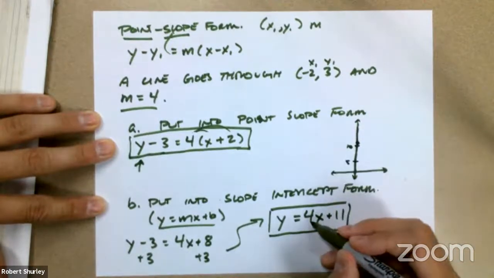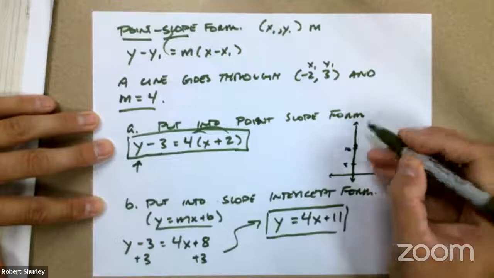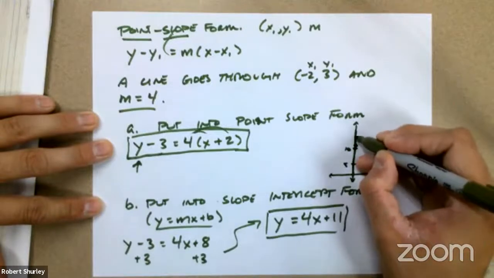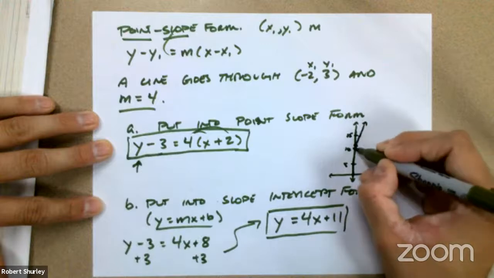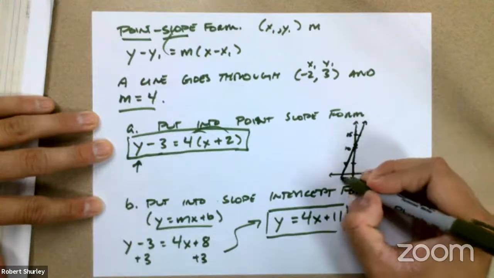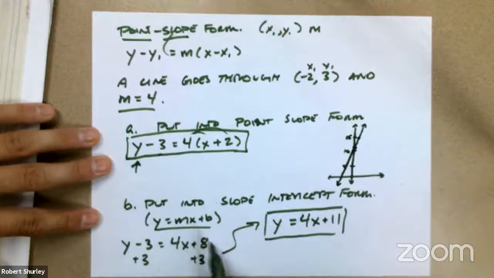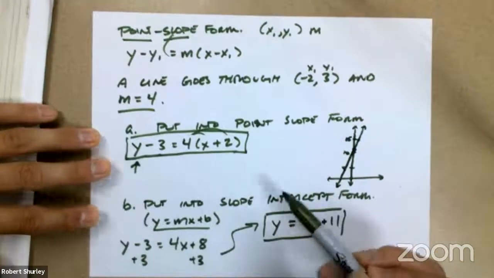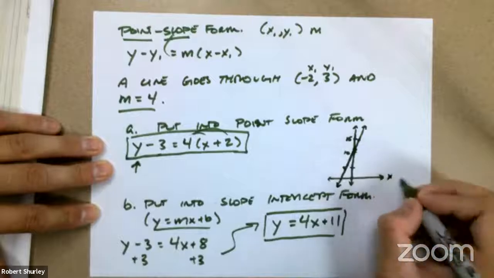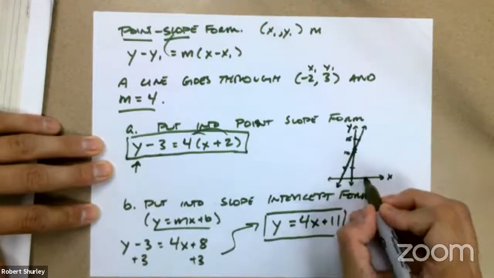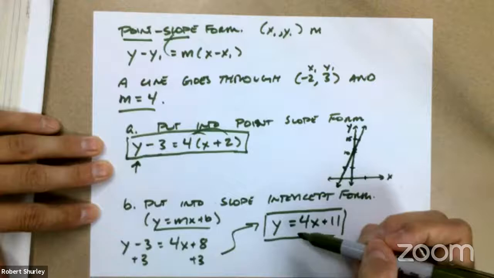And then my slope is 4. So that means my slope goes up 4 and over 1, right? So up 4, over 1. So my graph would look like that. Each of these is really shown visually by this graph with our x and y axis, but it's just two different ways to write it.